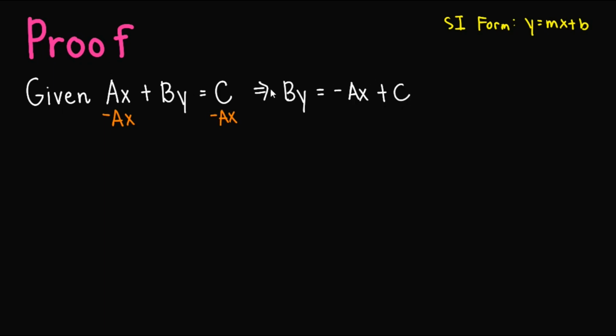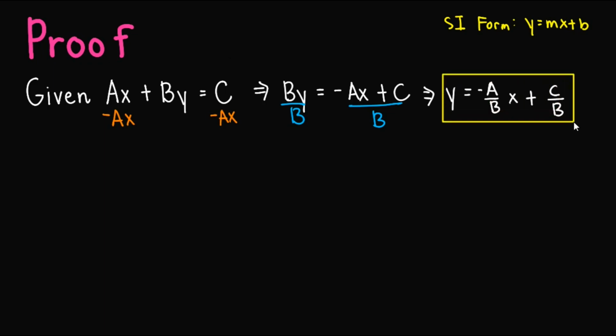Then we divide both sides by b to obtain y equals negative a over b times x plus c over b. So we take note of this equation.